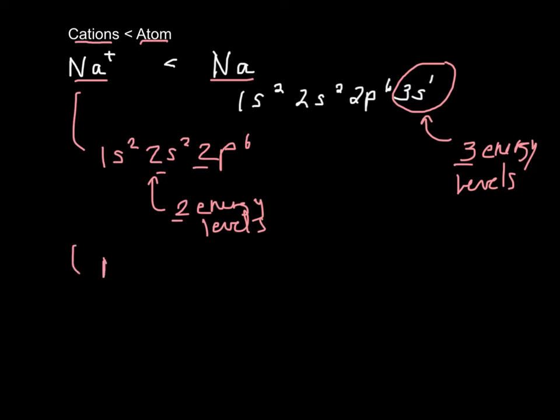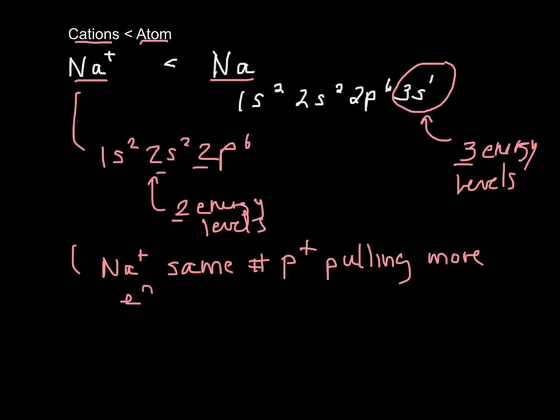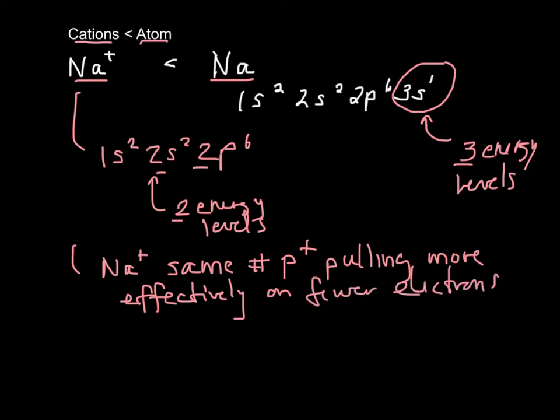Also, Na plus has the same number of protons as Na, pulling more effectively on fewer electrons. Okay, so sodium and sodium ion both have the exact same number of protons, right?